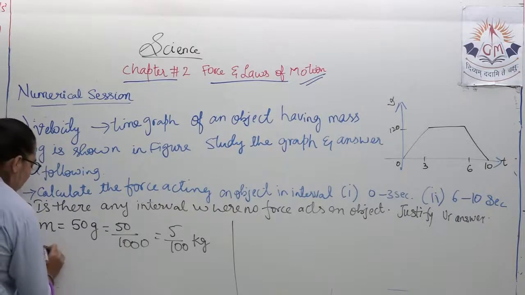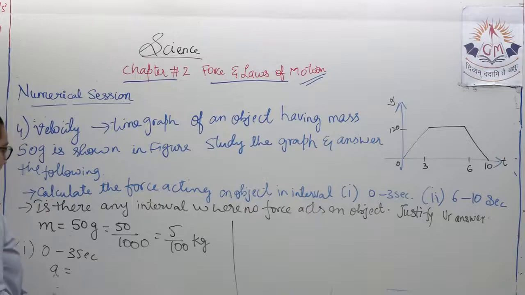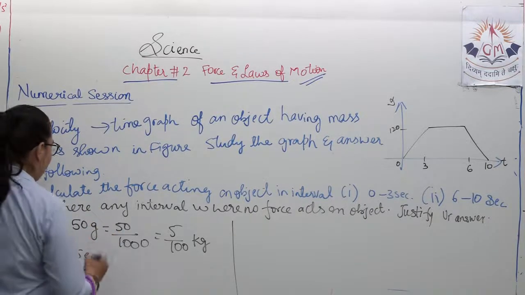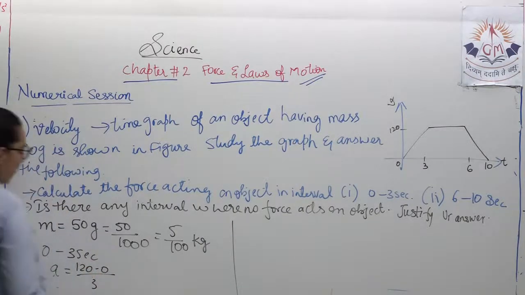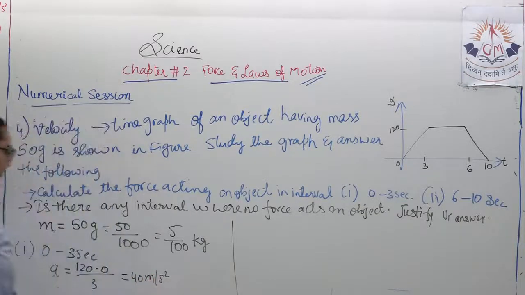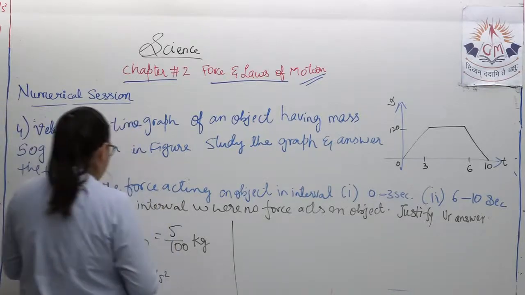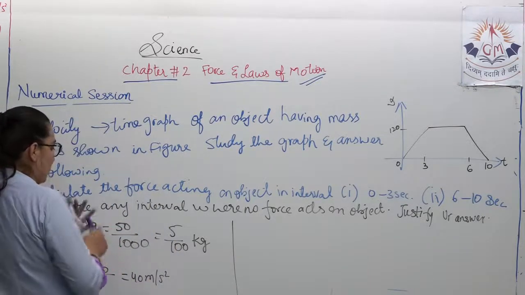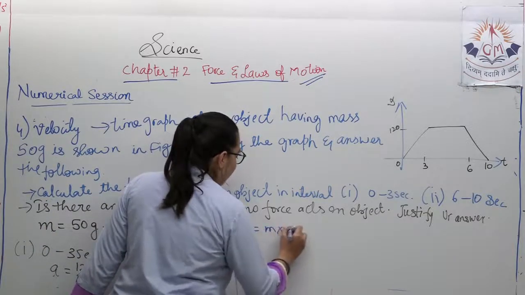For the interval 0 to 3 seconds, acceleration will be final minus initial, so 120 minus 0 upon 3. That will be 120 by 3, which is 40 meter per second square. So what will be the force? Force is mass into acceleration.